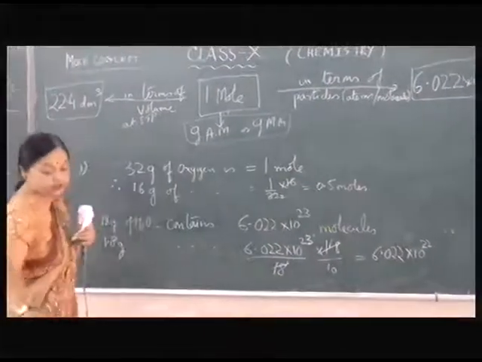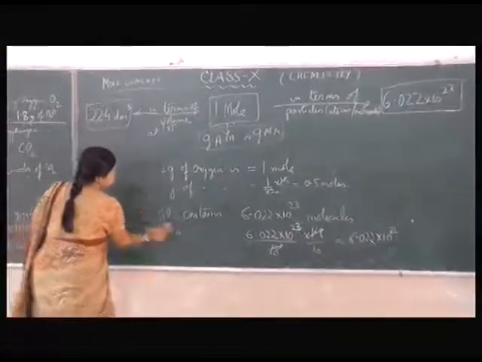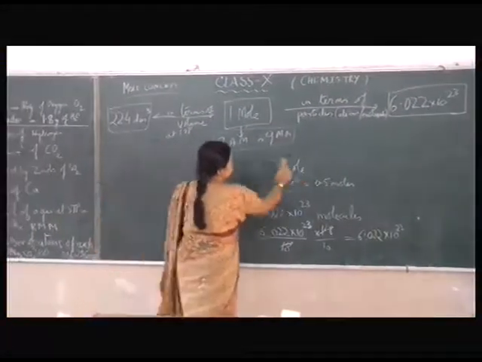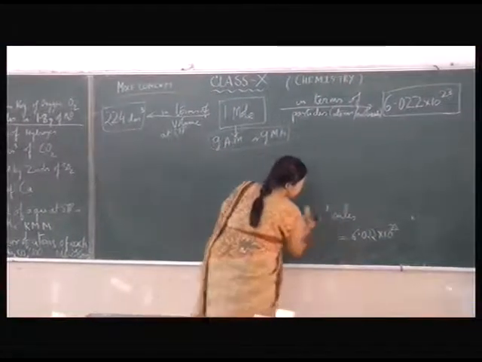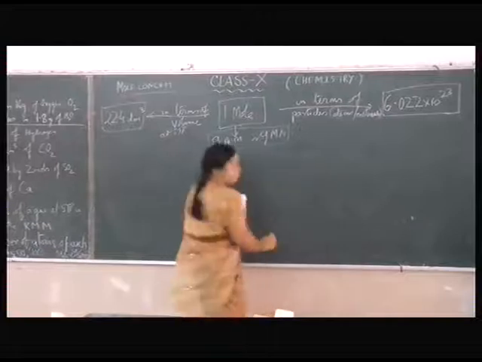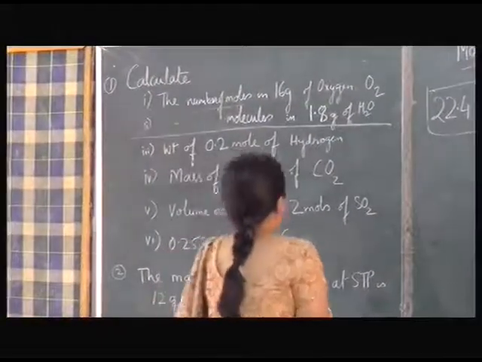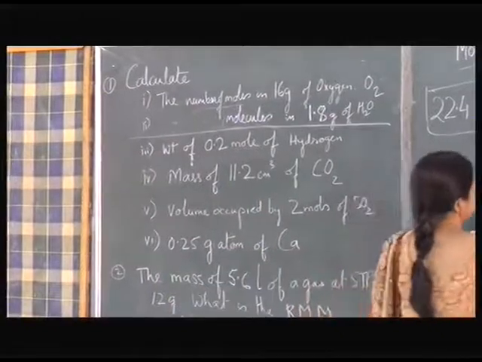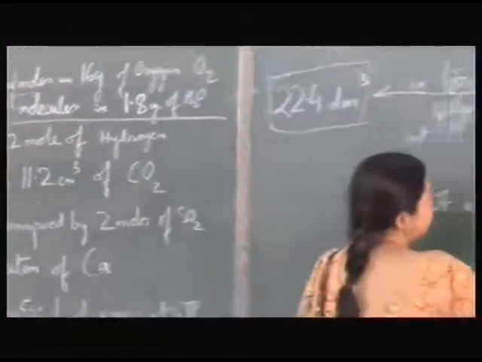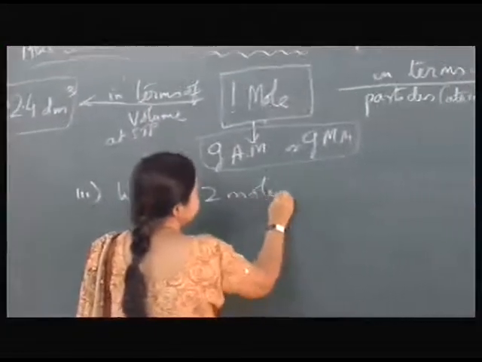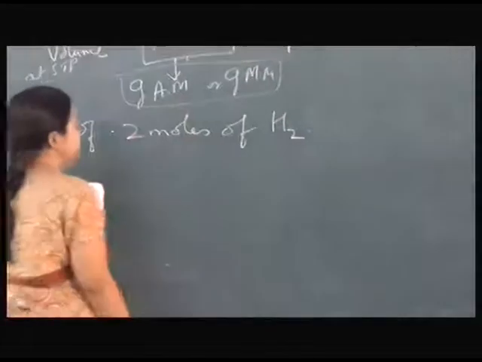Now the next question. We are doing different types of questions first, so you get an idea how to relate. The next question is the weight of 0.2 mole of hydrogen. Hydrogen means H2.